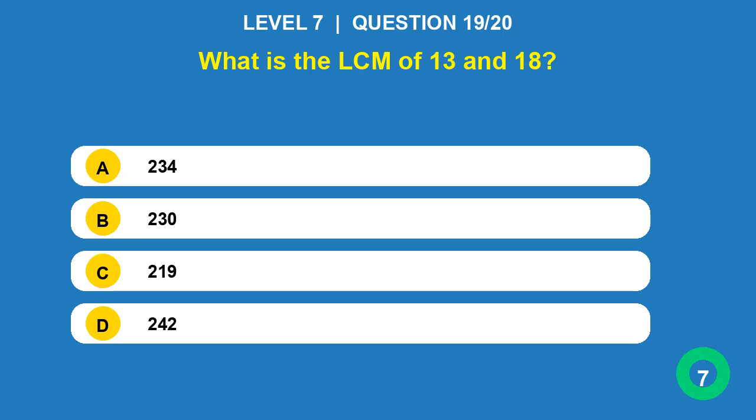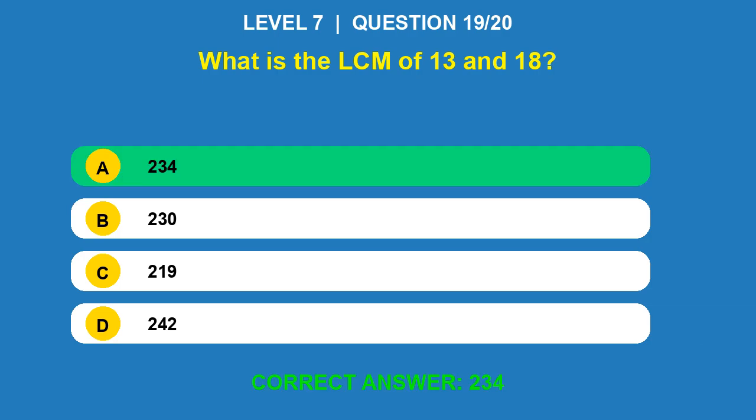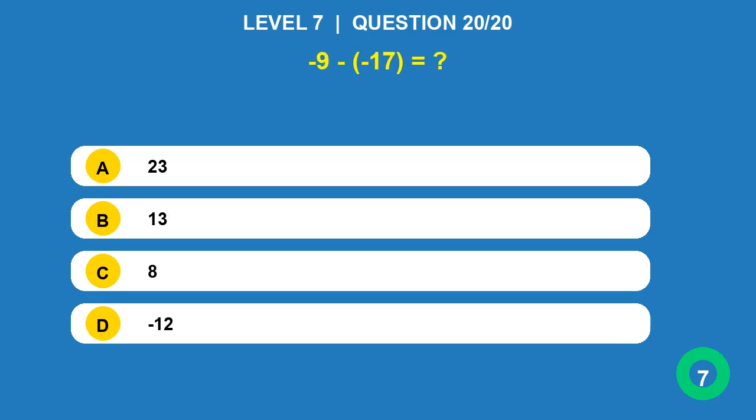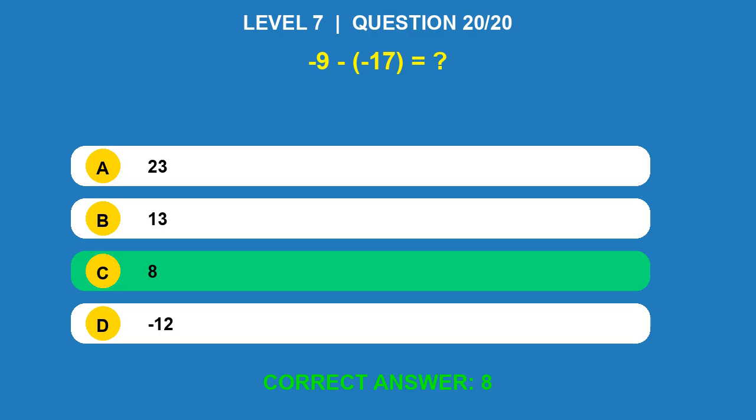What is the LCM of 13 and 18? Answer is 234. Minus 9 minus 17 equals? Answer is 8.